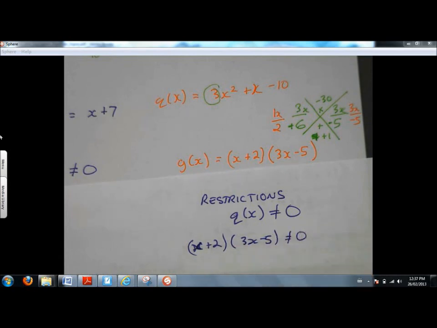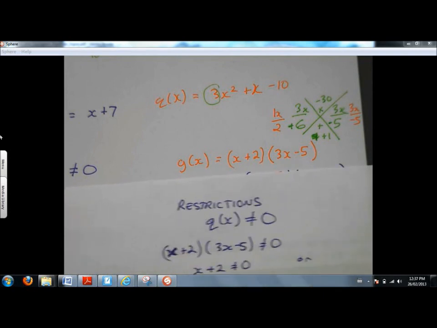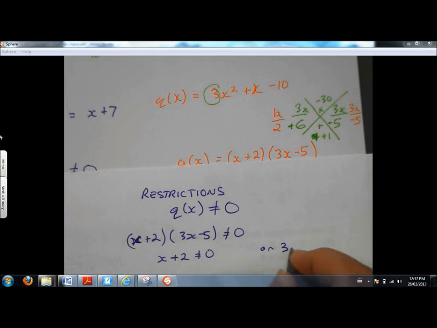So these are two things multiplied together. That means that this by itself cannot equal 0, or 3x minus 5 cannot equal 0. If this part equals 0, then no matter what I multiply it by over here, my answer is going to be 0. If this bracket ends up being 0, then no matter what I multiply it by over here, it's still going to be 0. So both of these have to be checked.